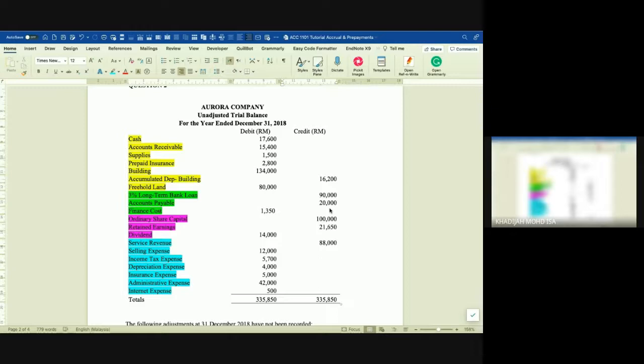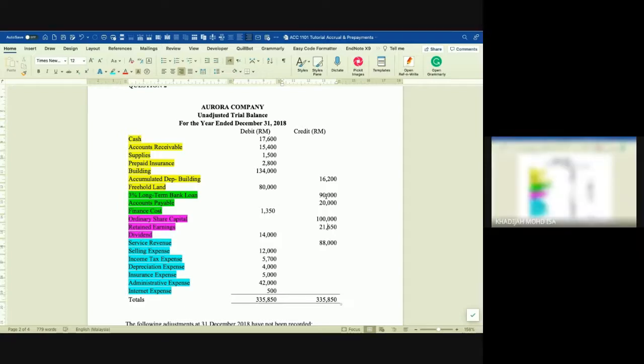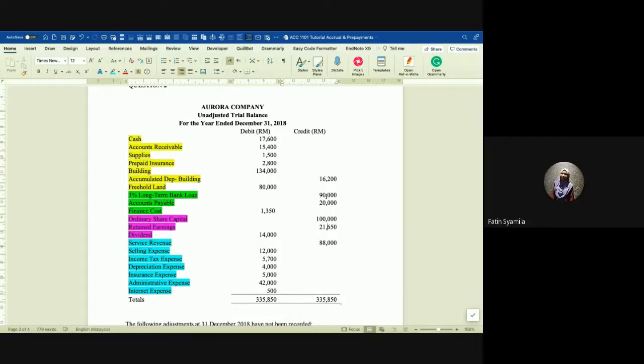Number 1, when you get this kind of question, what would you do first? Statement of financial position. 1, very good. Now you answer all 3 directly. Prepare the statement of financial position. Alright, okay. Statement of financial position. Then?